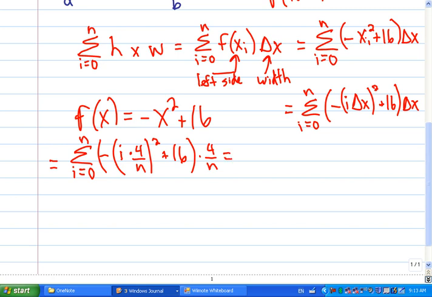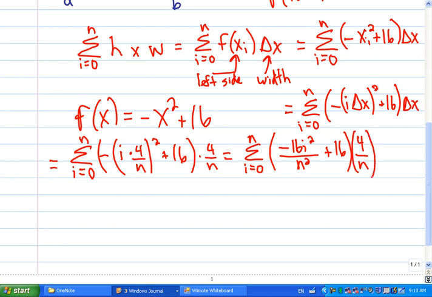So to finish this off, you give me any number of rectangles, this formula would sum it up. It's going to be negative 16 i squared over n squared plus 16 times 4 over n.